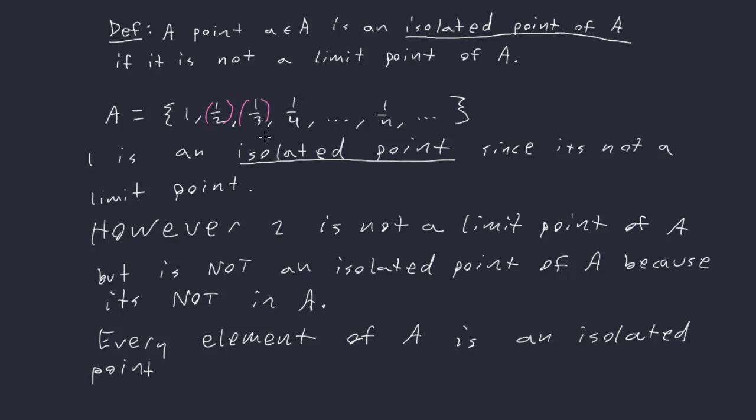And if we pick something smaller than the distance between 1/4 and 1/5, we can isolate that one. And if we pick something smaller than the distance between 1 over n and 1 over n plus 1, we can isolate 1 over n. We can isolate all of these elements of A, making every one of them an isolated point. However, 0 is a limit point, but it's not in the set.